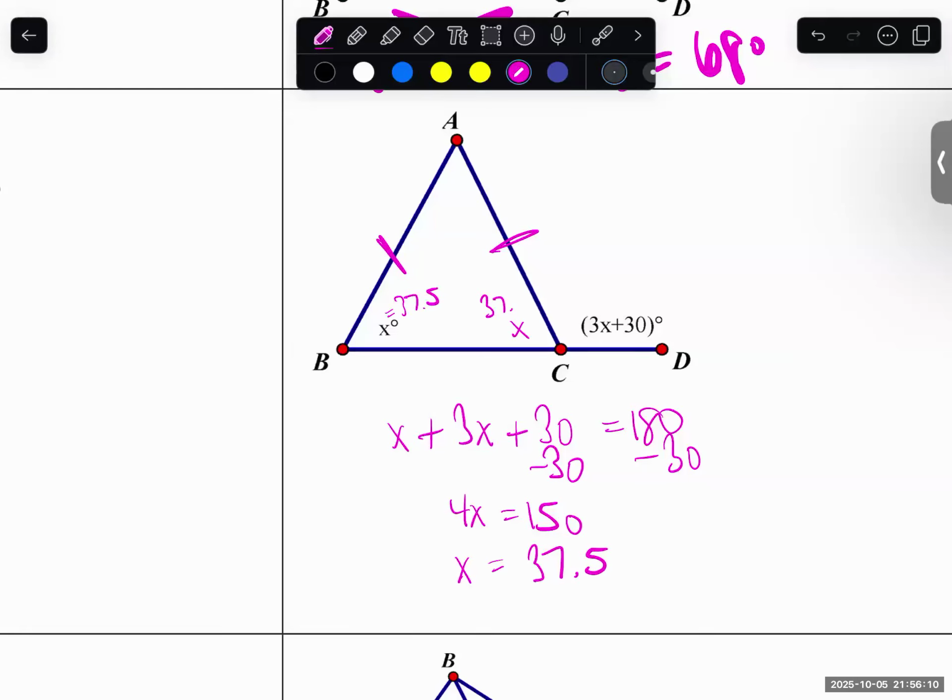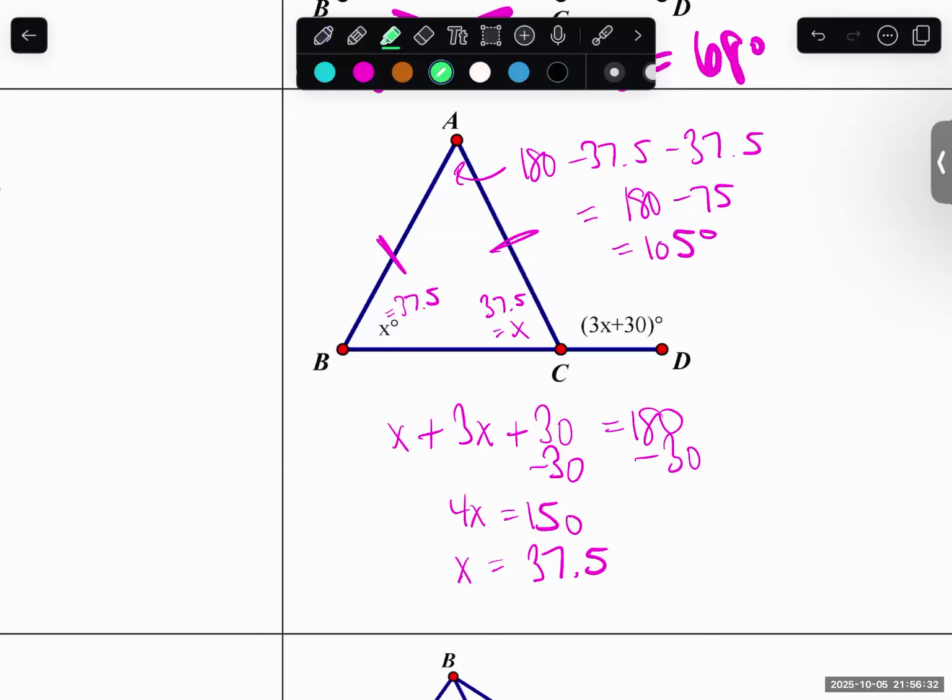This is equal to 37.5, which means this is 180 minus 37.5 minus 37.5, which is the same thing as 180 minus 75, which is 105. So 105 degrees.